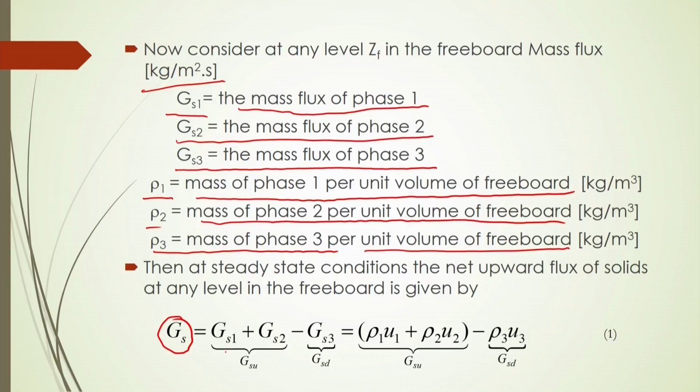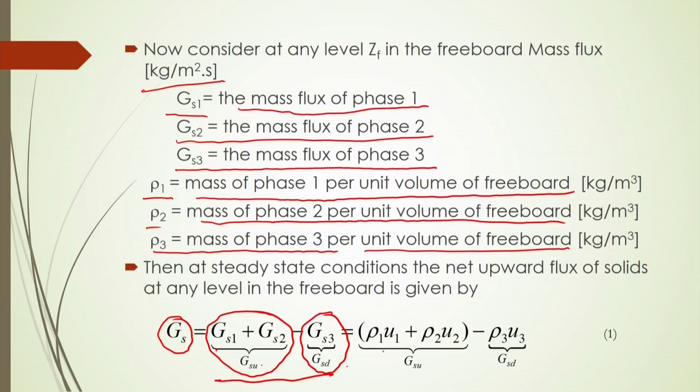That will be equal to the summation of the mass flux of phase 1 and phase 2, which are moving upward, and the mass flux of phase 3, which is moving downward. That means upward mass flux minus downward mass flux gives the net. From this you can calculate the net upward flux of the solids carried out by entrainment in the freeboard of this fluidized bed.